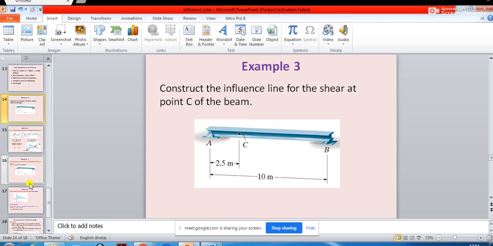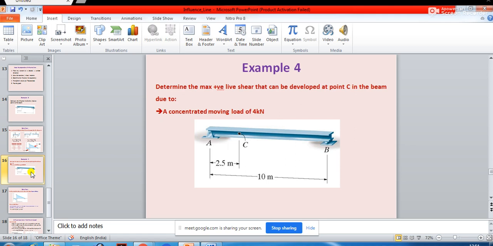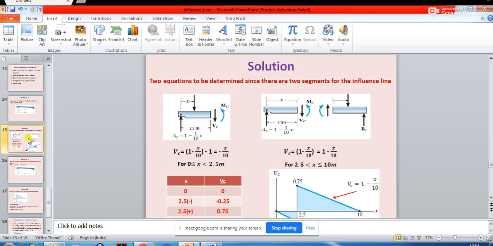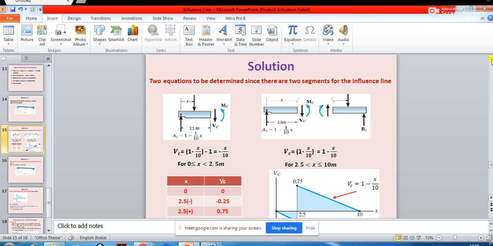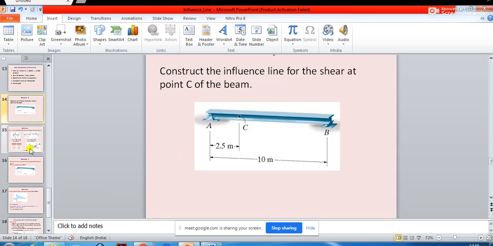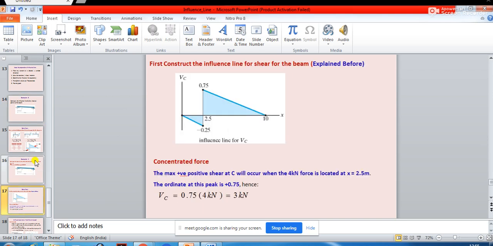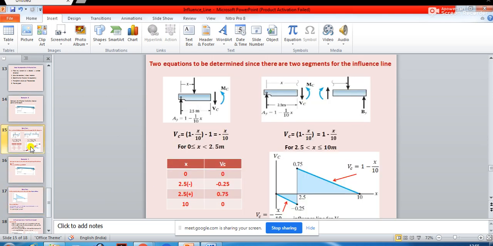Okay. Now you see, this one. See the solution. I am not going into finding out the reaction again.